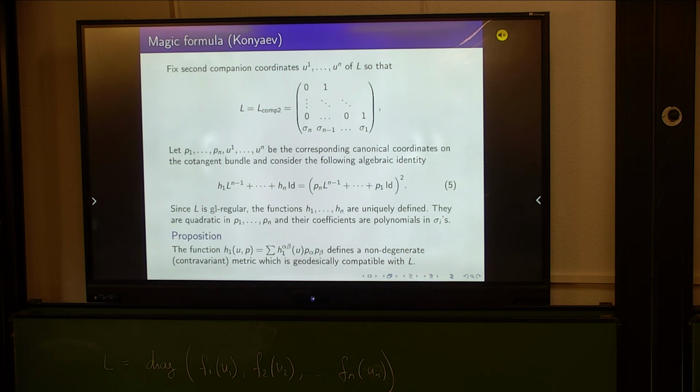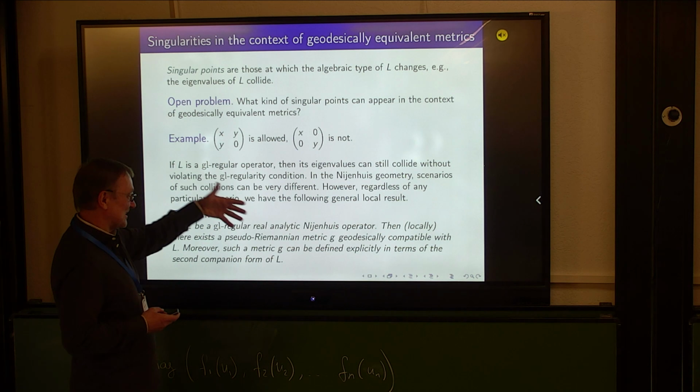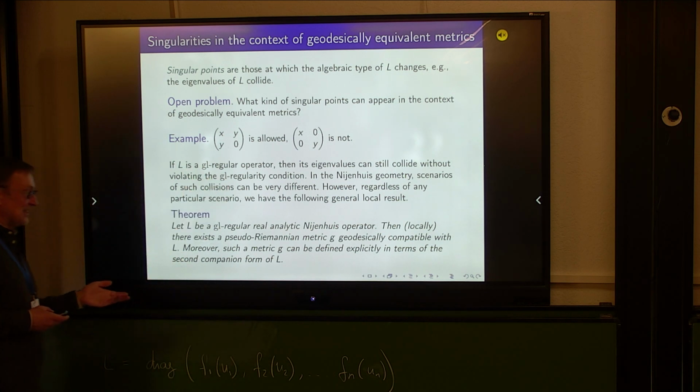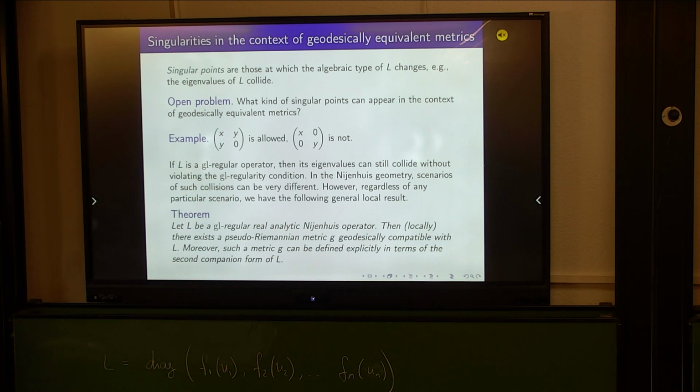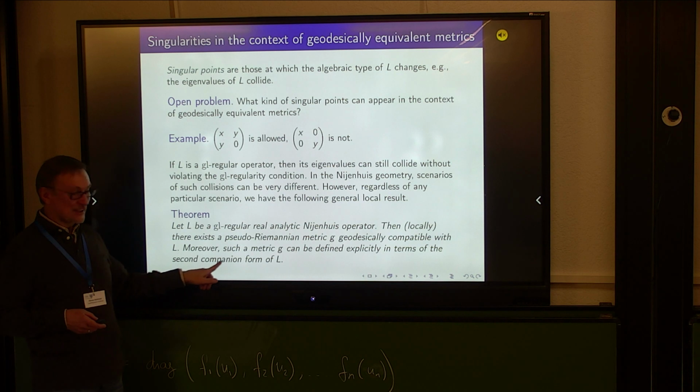So, let me get back. Moreover, this geodesically equivalent partner metric G can be described explicitly in terms of L, but you need the second companion form.